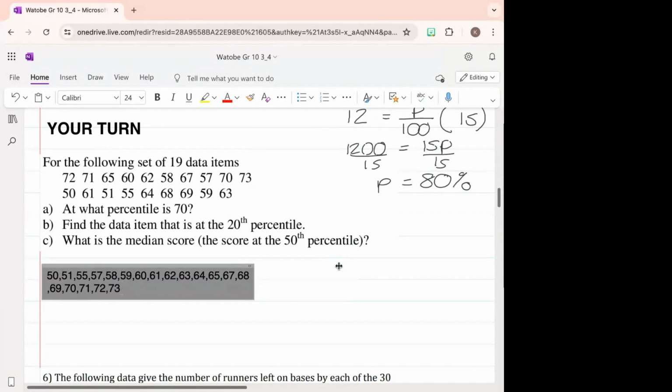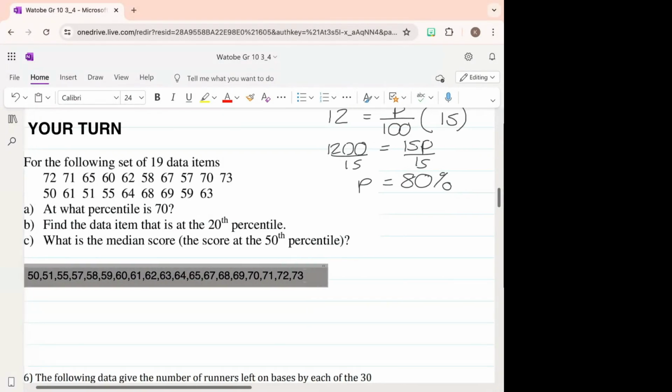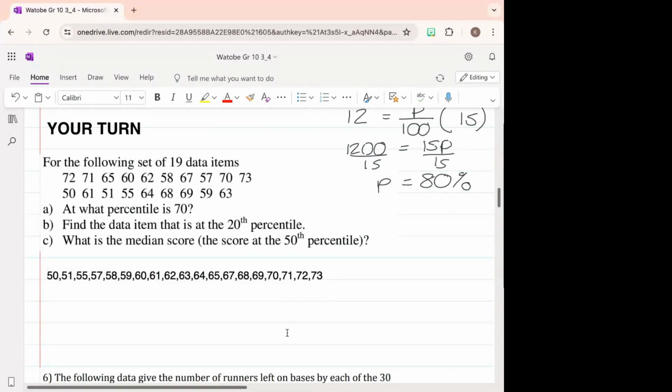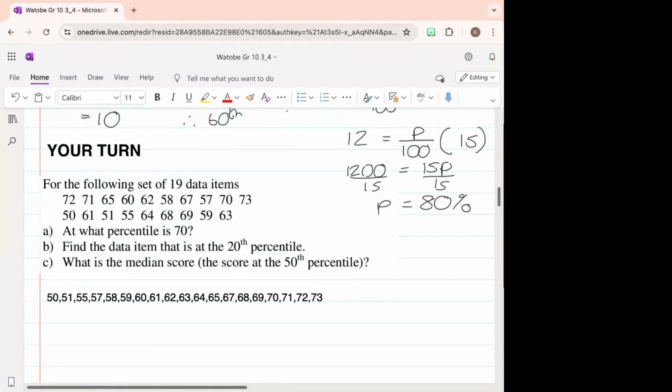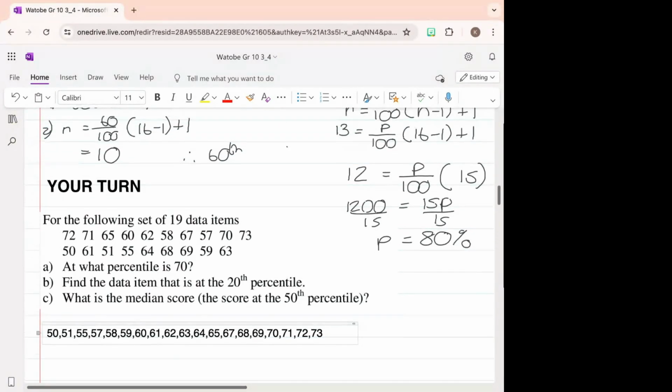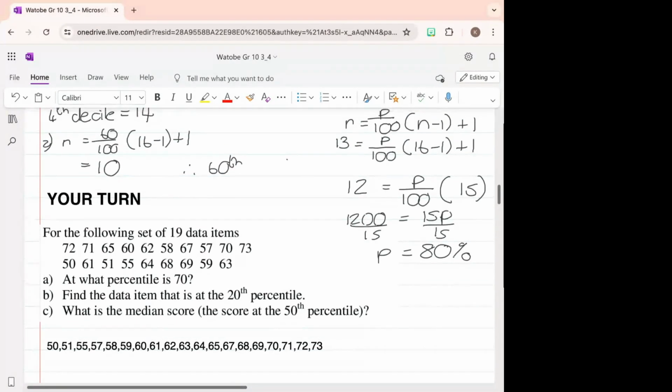Find the data item that is at the 20th percentile. And then what is the median score? The score at the 50th percentile. I'm going to give you 3 minutes to work on this by yourself, and then we're going to do it together. Go give it a try.